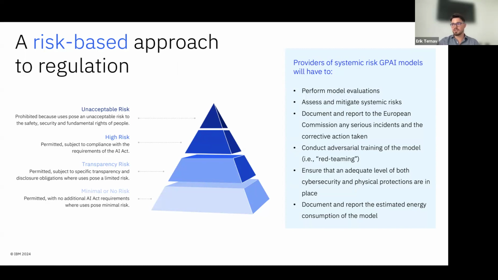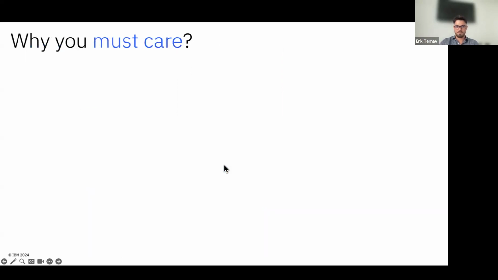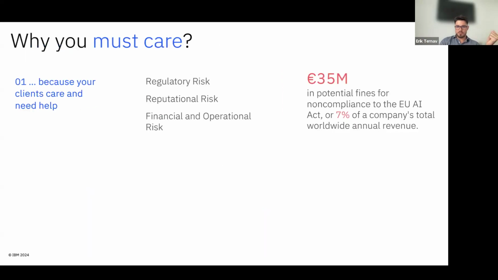And if it makes a mistake, there are going to be consequences, and we don't want that to happen. So especially for highly regulated industries such as banks, insurance, and also government, most of the models are going to fall into the top layers. So why must you care?